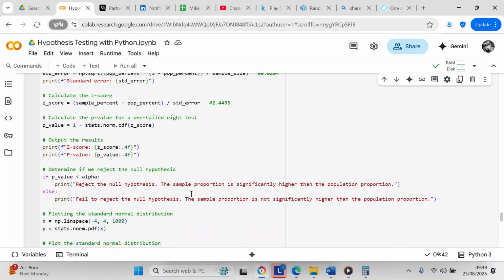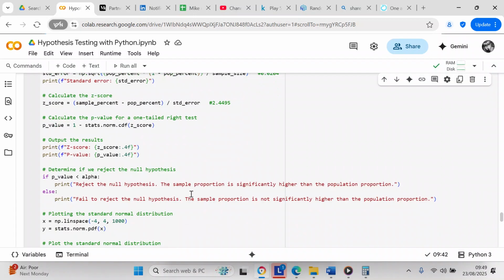Now we're going to plot these values onto a curve, a standard normal distribution. So x equals np.linspace(-4, 4, 1000). y equals stats.norm.pdf(x).